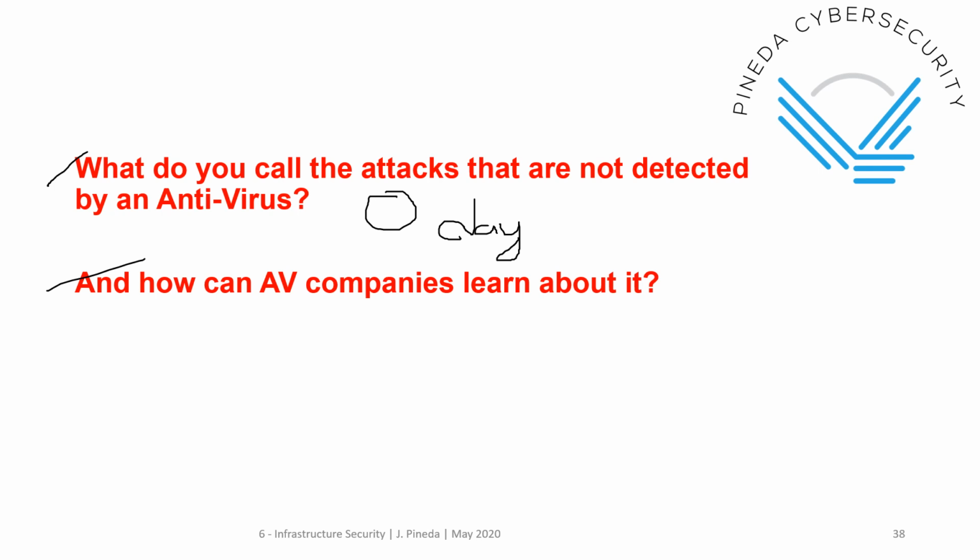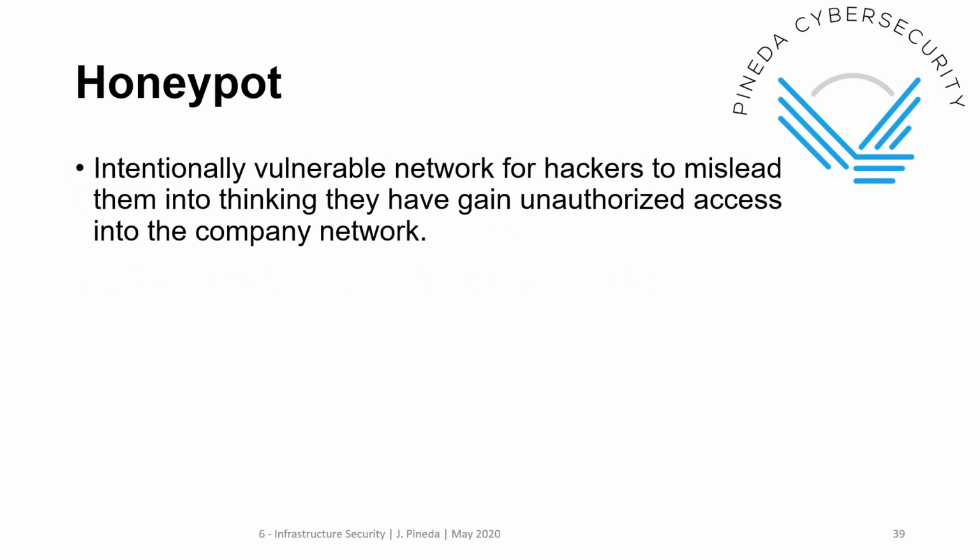Another way is through what we call honeypots. Honeypots are intentionally vulnerable networks that mislead hackers into thinking they have gained unauthorized access to the company networks. It's an actual, intentionally vulnerable network.